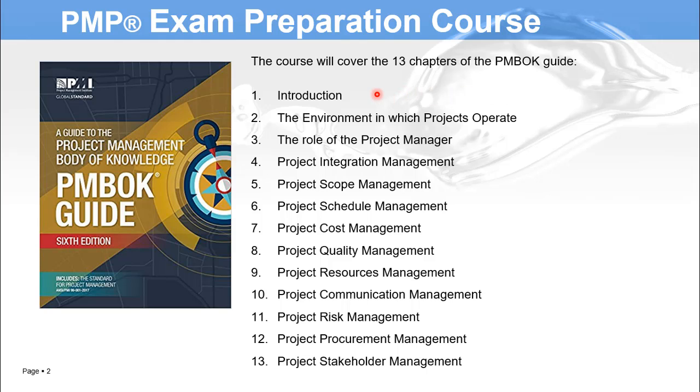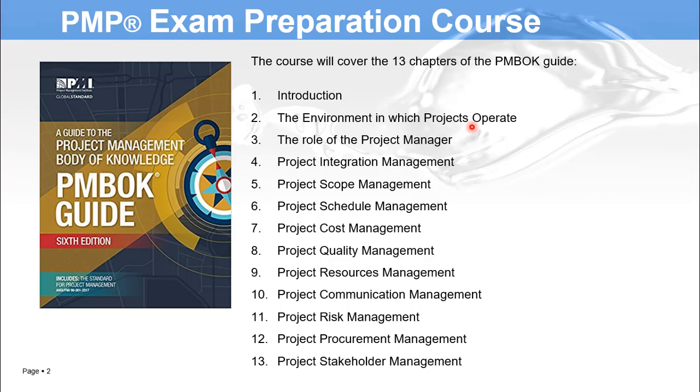The first one is introduction. In this chapter, the PMBOK or PMI illustrates the main concept related to project management: What is the definition of project, the project management, what is the purpose of this guide, the project management body of knowledge.